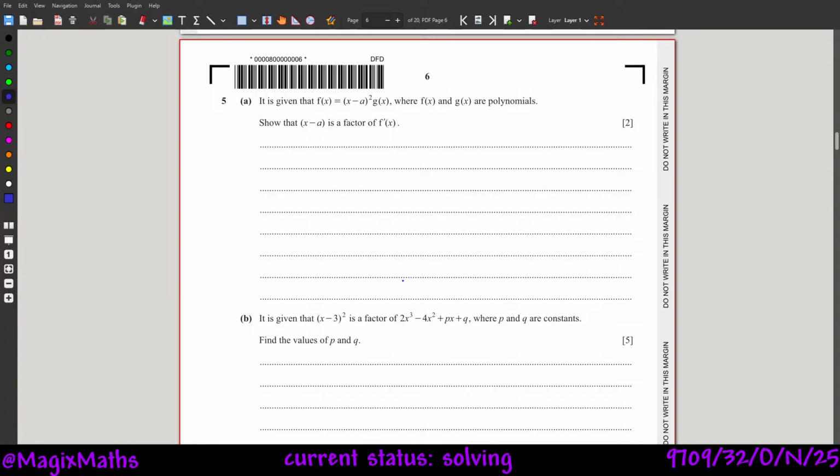Now we have this function. Firstly, let's find our first derivative of f(x), using the product rule.